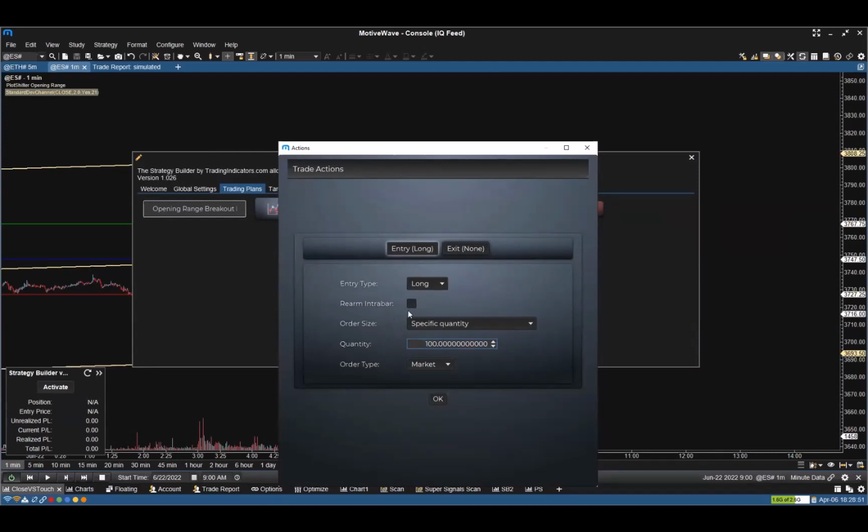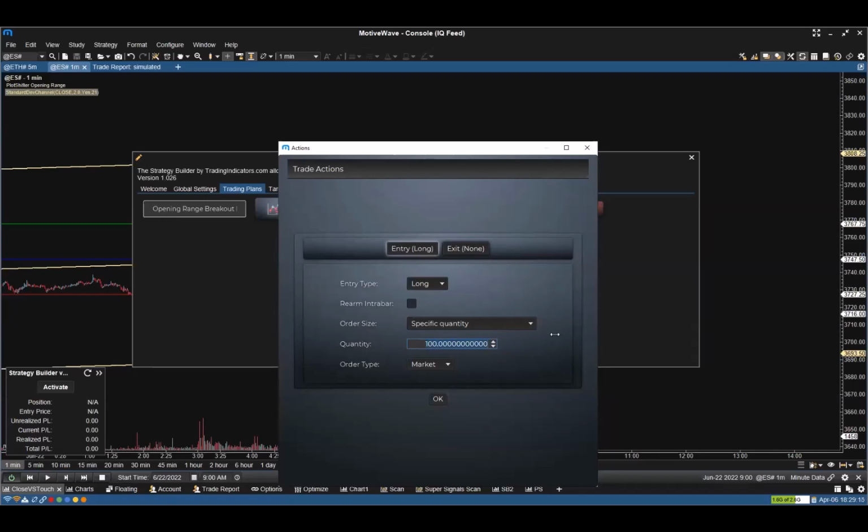And if you're wondering, just real quick, Nicholas, why there are so many decimal places behind the quantity, this is because of cryptos. Some cryptos like Bitcoin or some other ones have very small fractions that you may want to trade them in. This is why we have so many digits after the decimal point available, because the strategy builder also supports crypto trading.